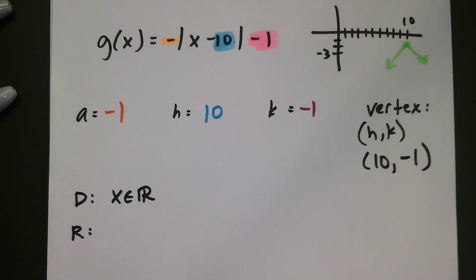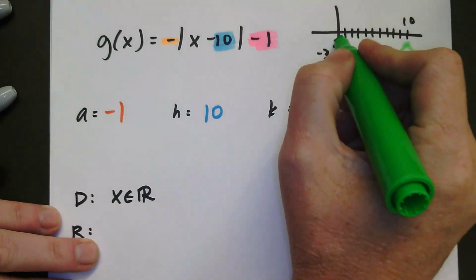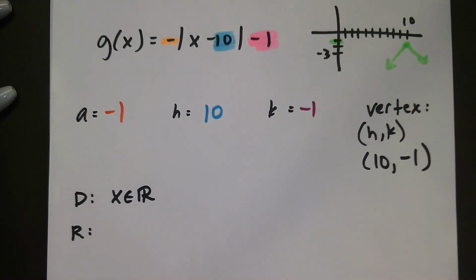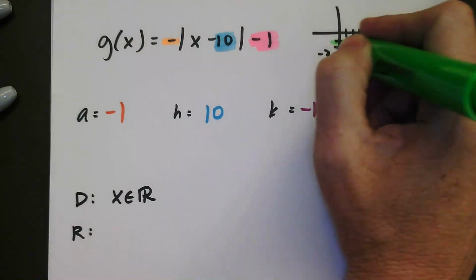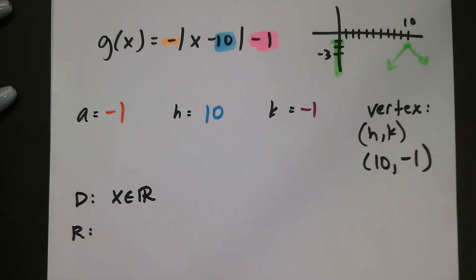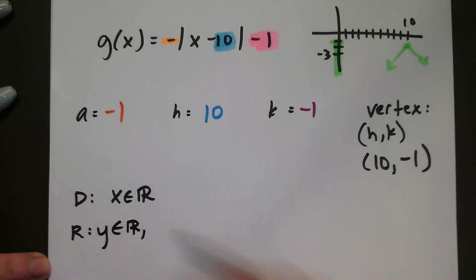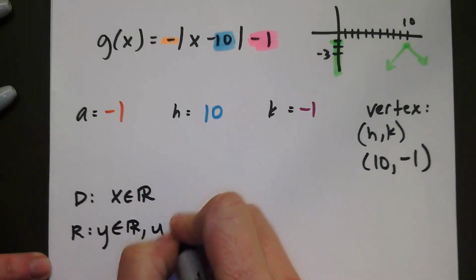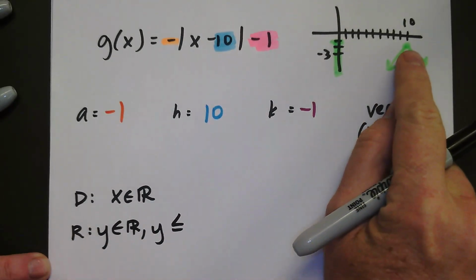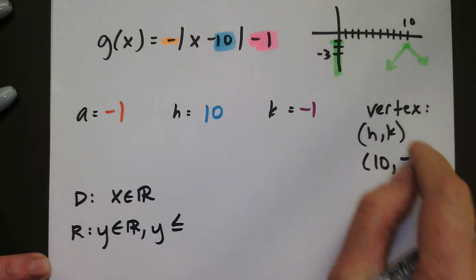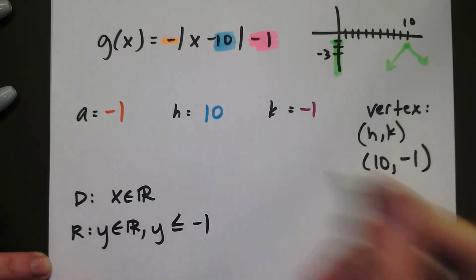My range, however, is a little bit trickier because my range doesn't go forever up and down on the y-axis. It has a top value, and then it is everything below that. So my range is going to be all real numbers y less than or equal to whatever this k value is, because that's the shift that I've done on my vertical axis. So that's -1.